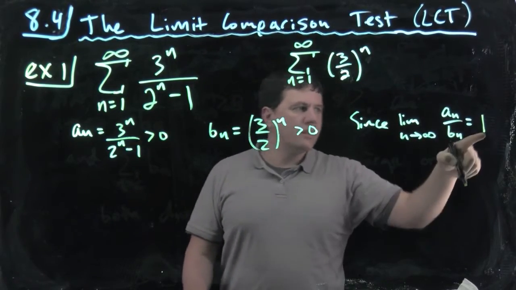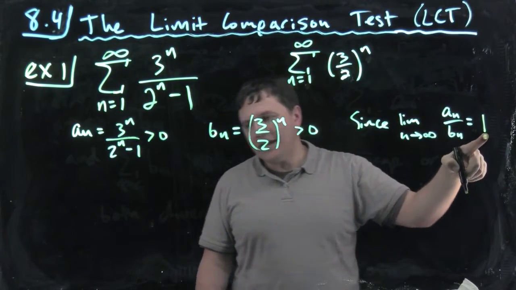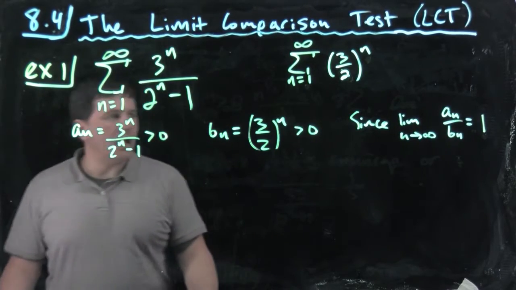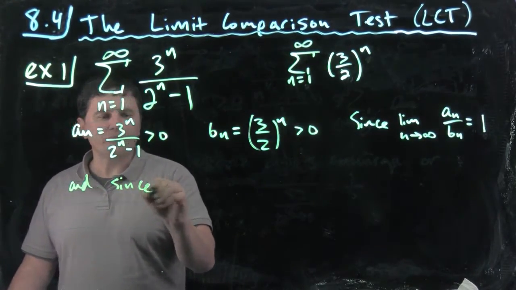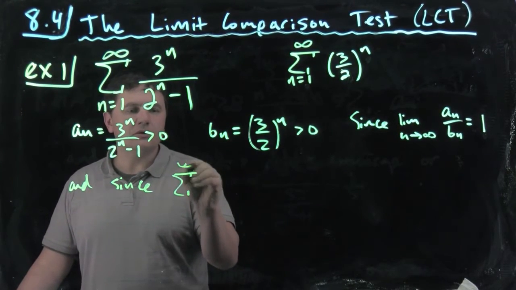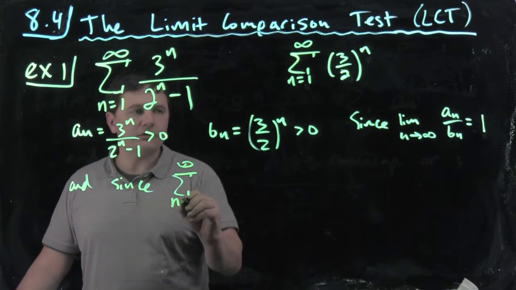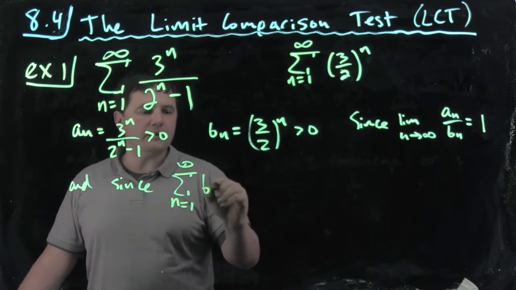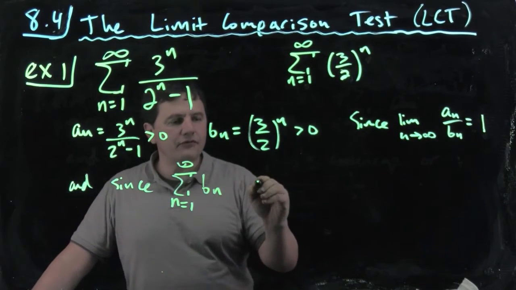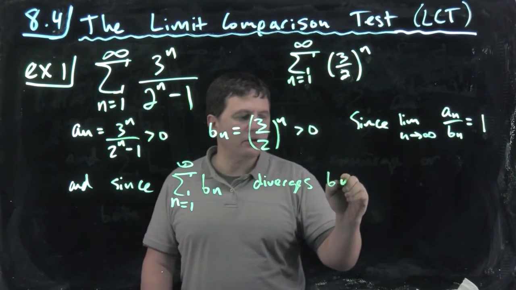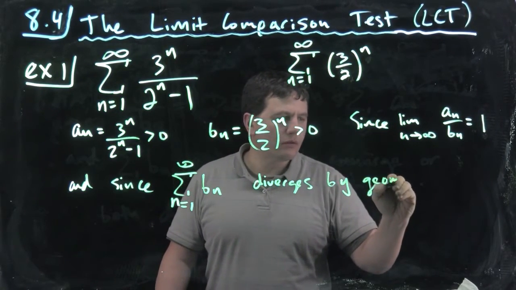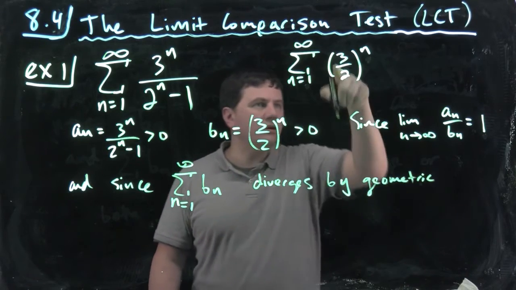That's equal to 1. That can be any number, non-zero. So since that equals 1, and since the series b sub n diverges by geometric, a little proof there.